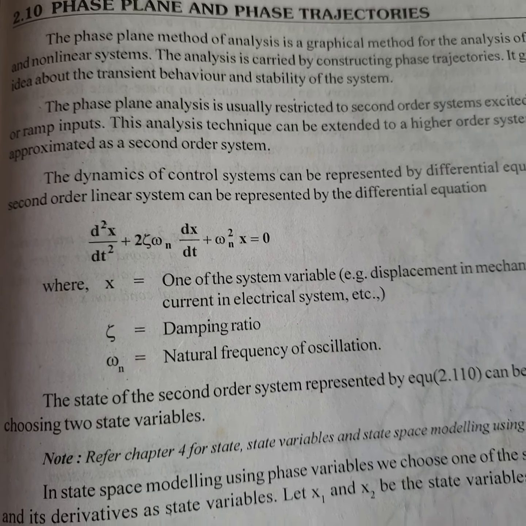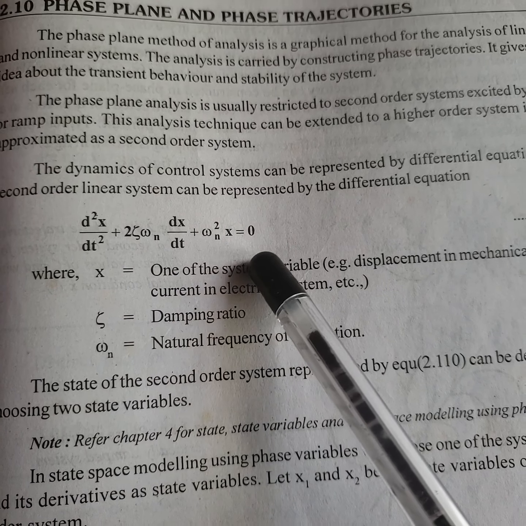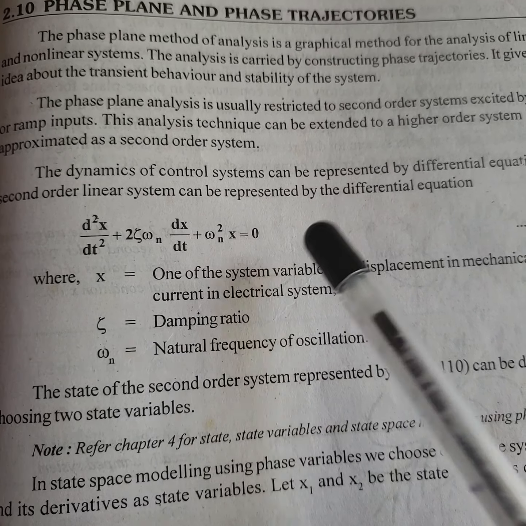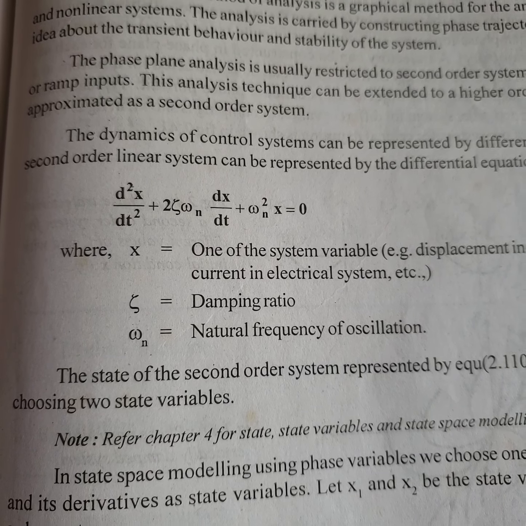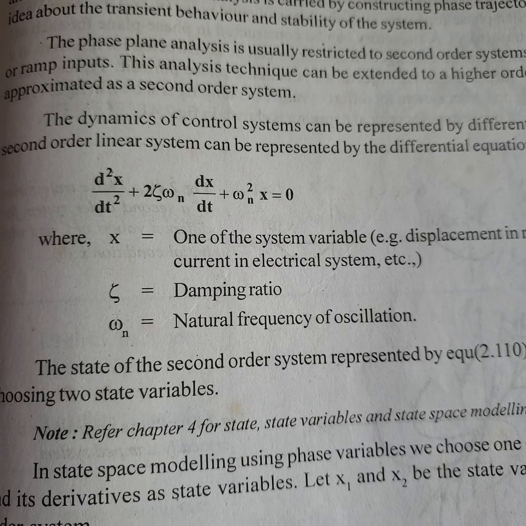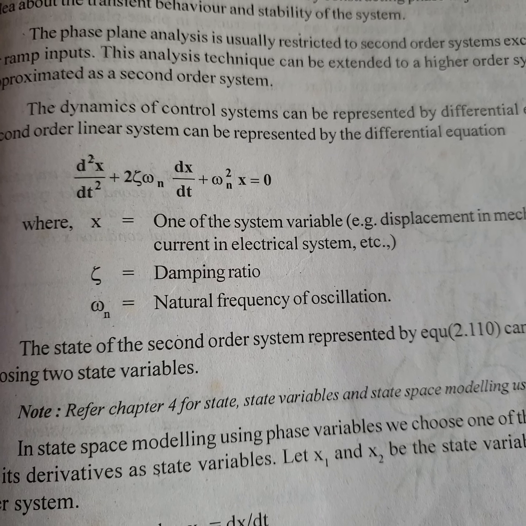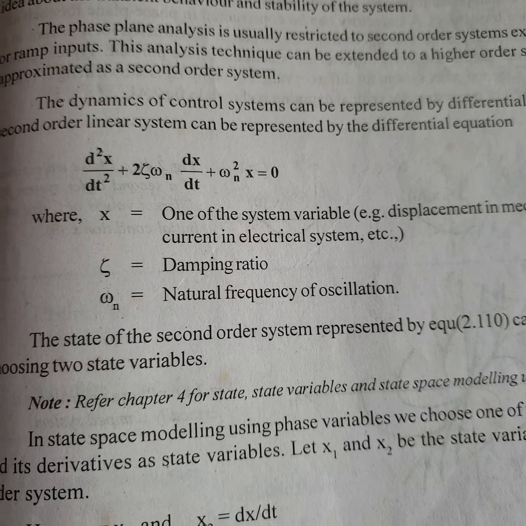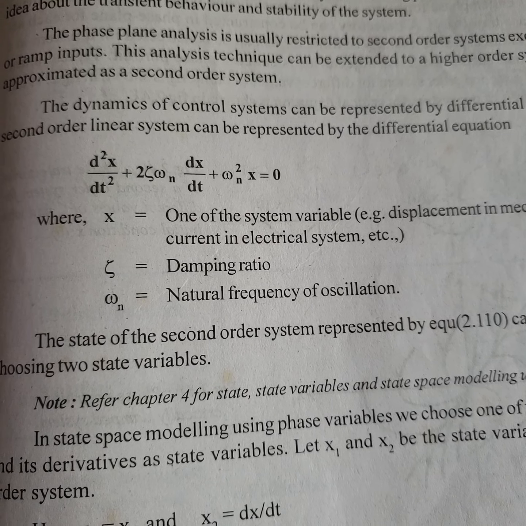Here you can see that a general second order system differential equation is given as d square x by dt square plus 2 theta omega n dx by dt plus omega n square x equal to 0. This is a second order differential equation.